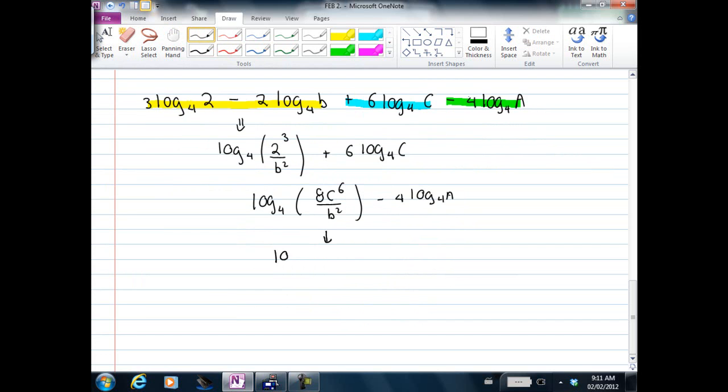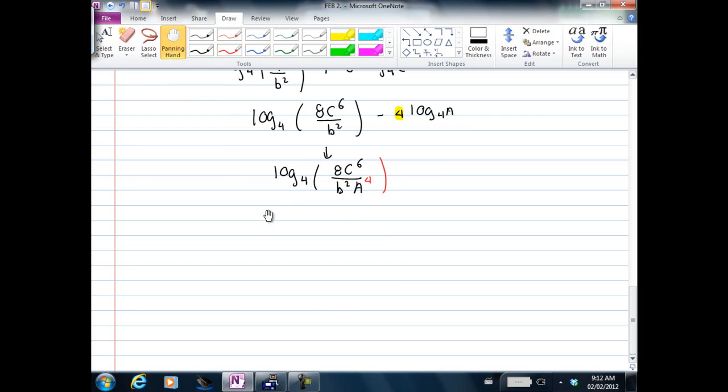Log base 4, 8C6 is correct, over B squared, A. You're missing one more number. Because look, there's a 4 here. Where does this 4 go? Above the A. Guys, gals, was that easy? That was easy, because I know my rules. The better you memorize your rules, the easier logs become.